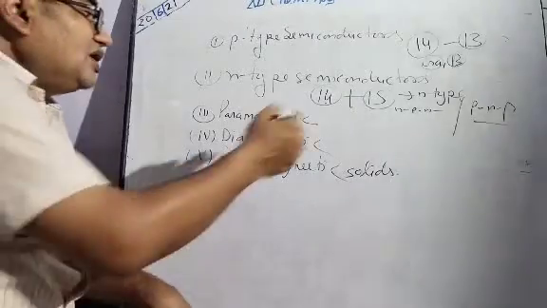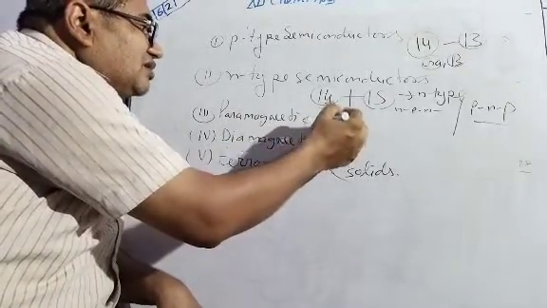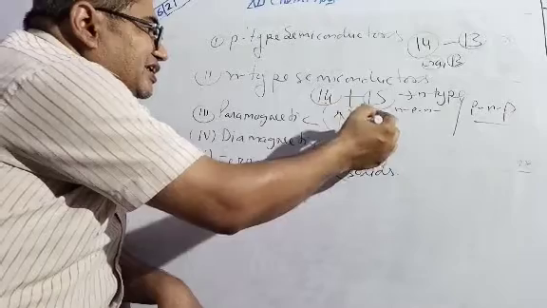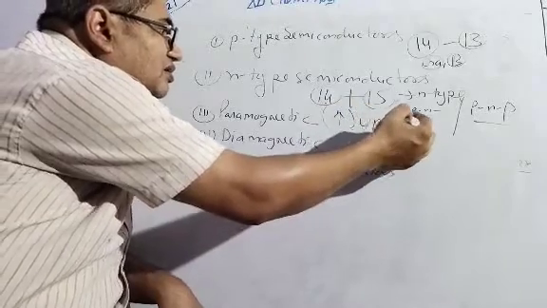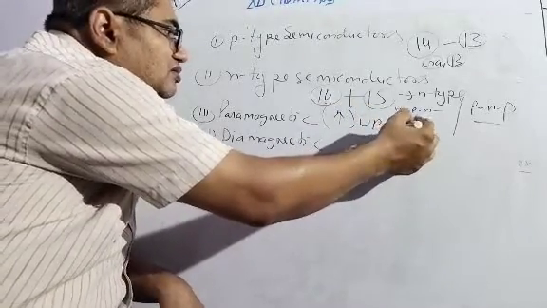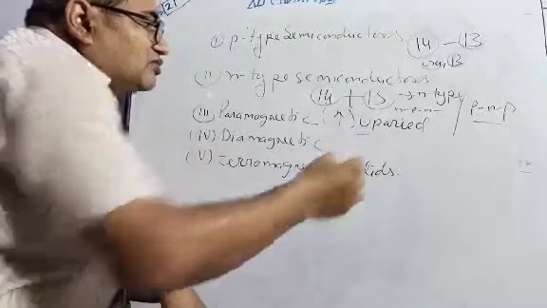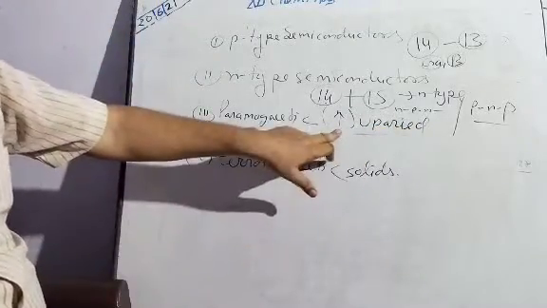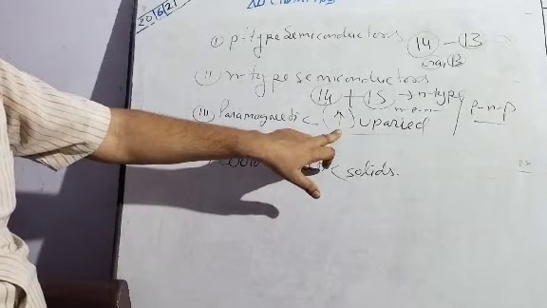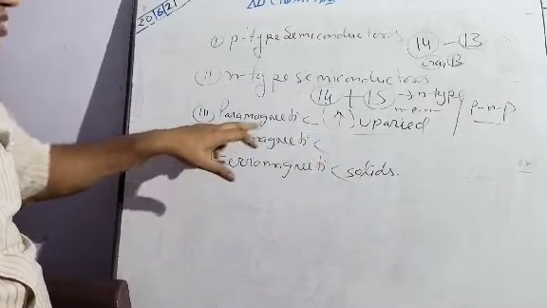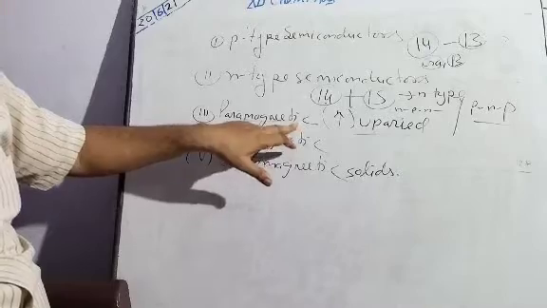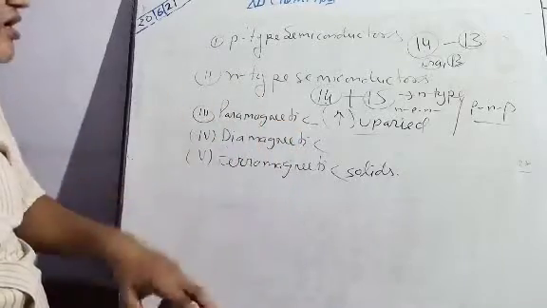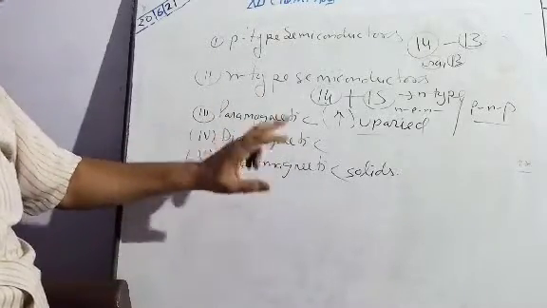Another topic: single unpaired electron. If unpaired electrons are found in any kind of substance, these substances are attracted in a magnetic field, and they are called paramagnetic.